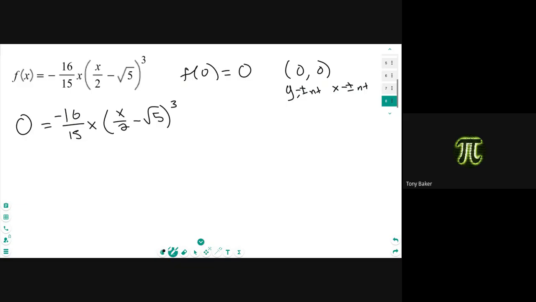All right, how do I solve this for 0? Okay, so I've got negative 16 over 15, x equals 0. So I set each factor equal to 0.